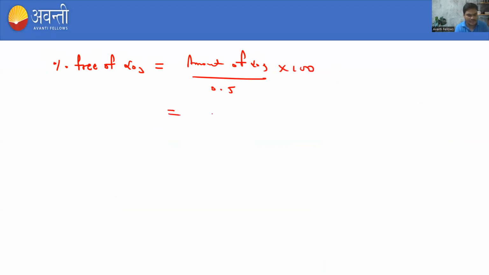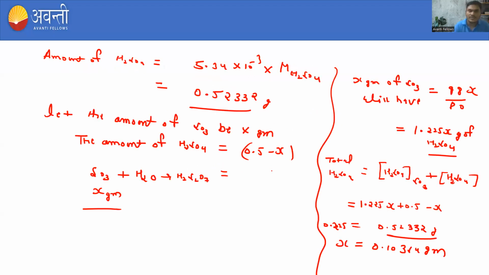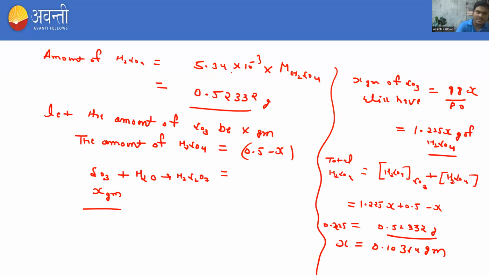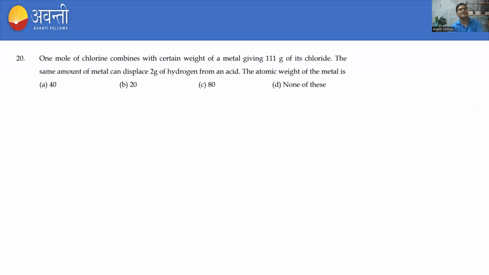Putting in the value, 0.10364 gram over 0.5 into 100, the value comes out to be 20.72 percent. So this is the correct answer, nearest to option C. I hope this is clear. Now move to the next question.